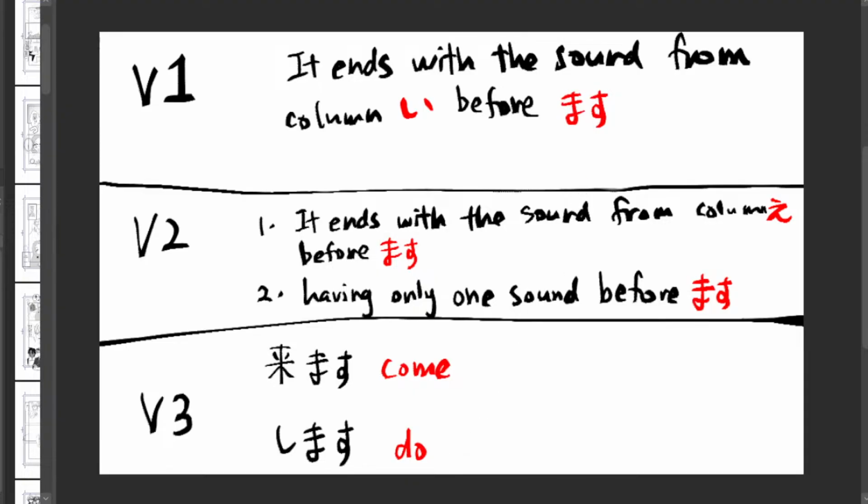So everything that ends with the sound i, ki, gi, shi, and so on, you know what I mean. Anything where the sound before masu is from column I belongs to V1. So this is how you differentiate between V1, V2, and V3.